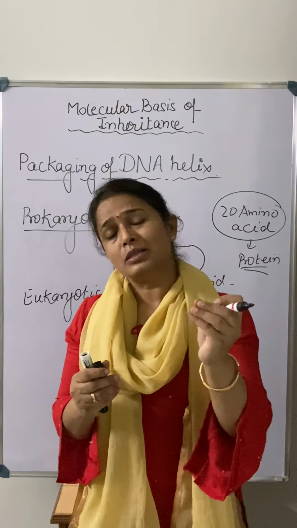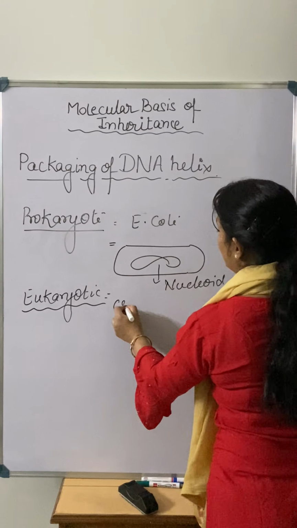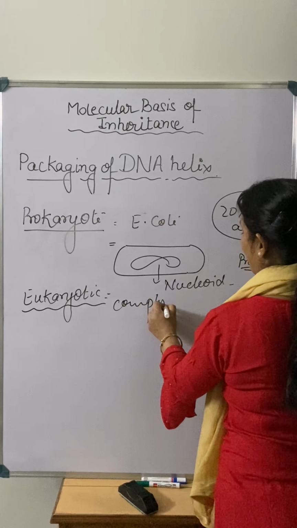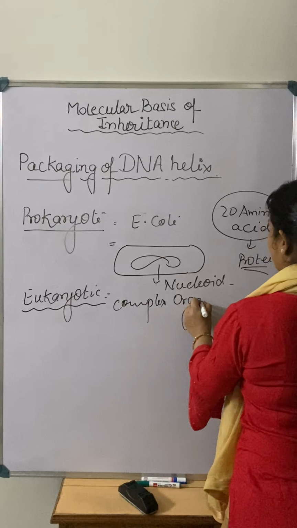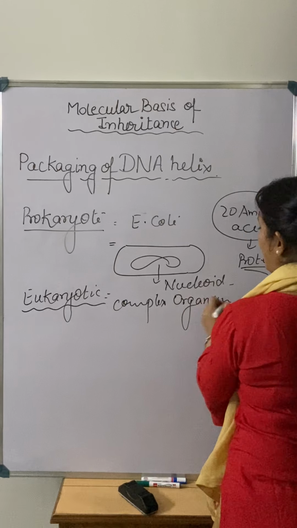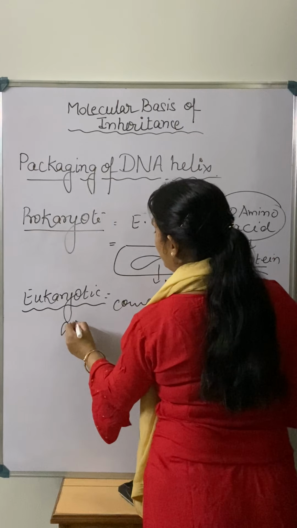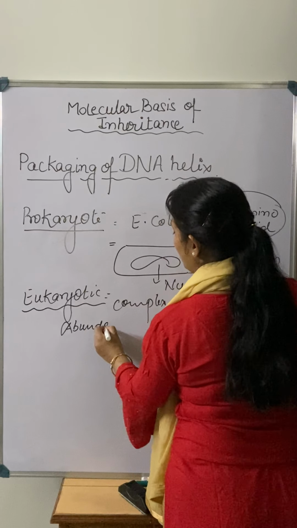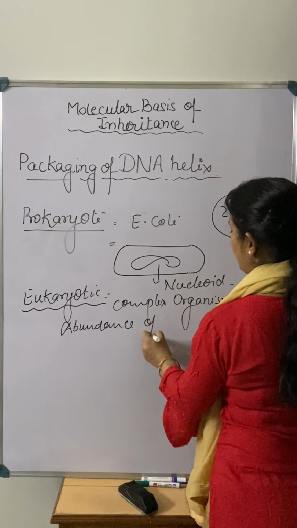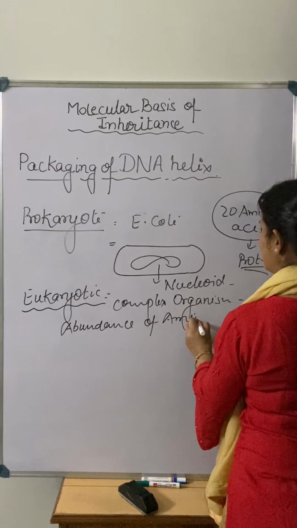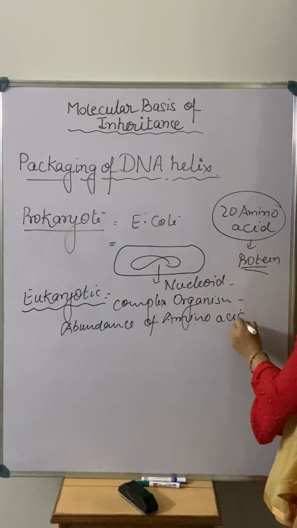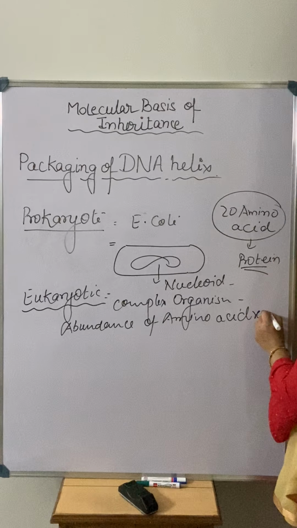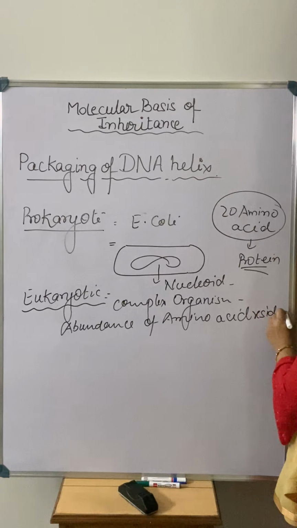So for that, eukaryotes are what? They are very complex organisms, right? There is an abundance of amino acid residues, and these amino acids have a free side chain.